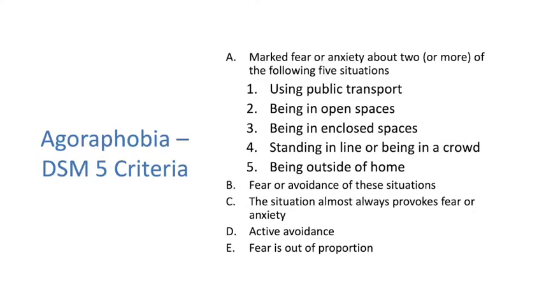And there's often a change in behavior as well. So you start avoiding these circumstances, going out of your way to not encounter them. And the situation, or even the thought of the situation, often provokes an intense fear. So even thinking about being in a public space or standing in a crowd or in a line creates a lot of anxiety.